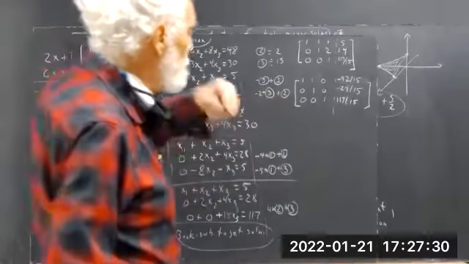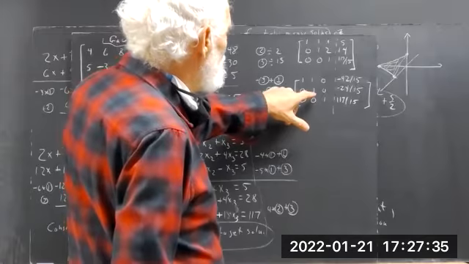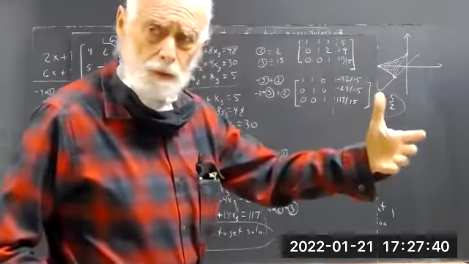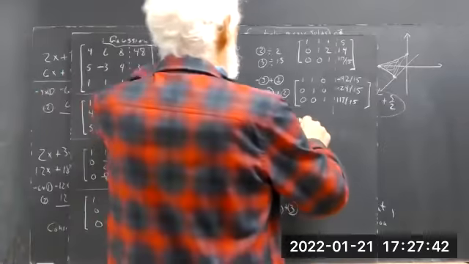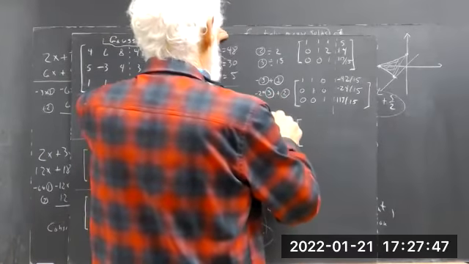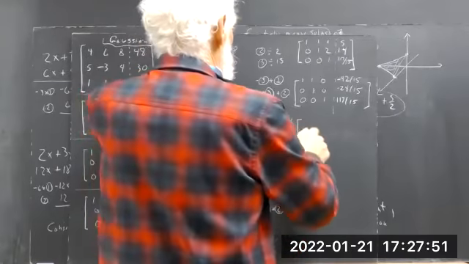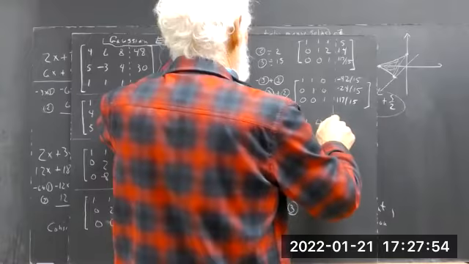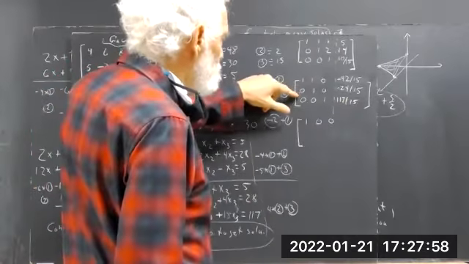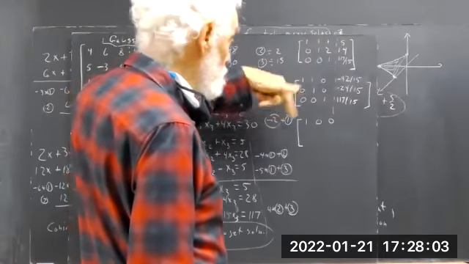Okay, so now all I have to do is add negative 1 times the second row here to the first row, and I have my solution. Because if I add negative 1 times this row to this one, well, 0 is not going to do anything. Negative 1 times 0 is 0, added to 1, still 1.